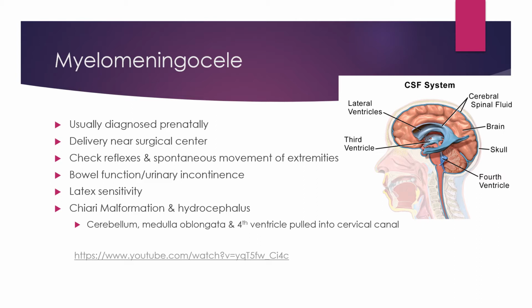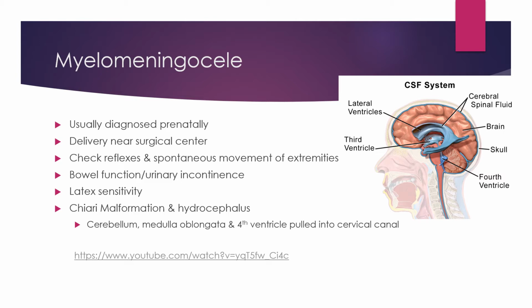And then post-op, there's a whole lot of things. So once they close up, and they tuck in whatever was exposed, whether that's meninges, spinal cord, nerves, etc., and they close it up, as they do that, that can often tug on the lower part of the spinal cord and where the fourth ventricle is, if you can see on this picture of the brain.